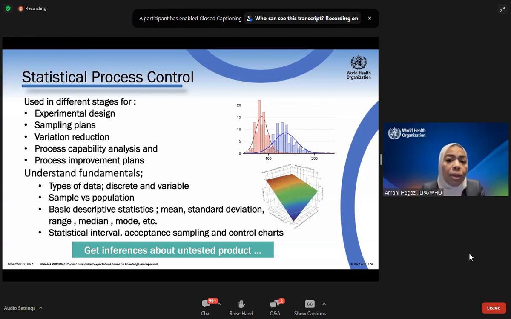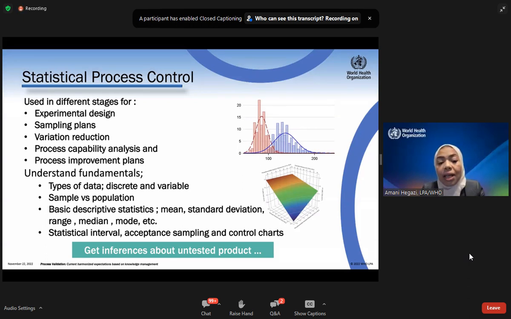Some tools and some statistical analysis are appropriate for continuous data, some are appropriate for discrete data. What is the difference between sample and population? Are we sampling? What pattern of distribution is there? Is it normal distribution? Is it normal but bimodal distribution like the picture available?